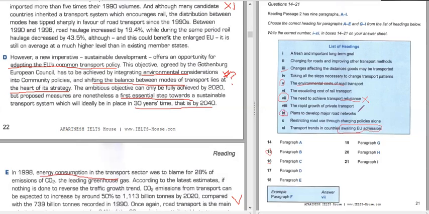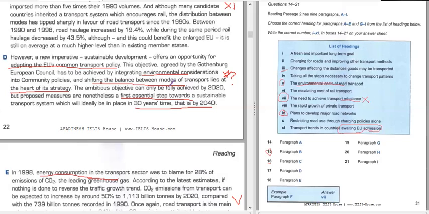Plans to develop major road networks. Are they talking about the road networks and what are the plans? The plan to have a major role. It looks like a long-term plan, sir. Yeah, but it's the plans to develop major road networks.